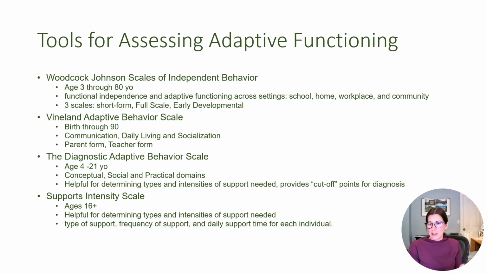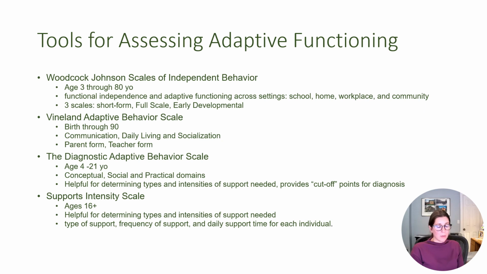So obviously when you have really young kids, an early developmental scale is more appropriate to use than if you have a 65-year-old. The full scale is oftentimes really useful when you're very first working with a client, to establish a baseline and to get a history. But then for ongoing progress monitoring or updates on how their functioning is developing or not developing, the short form can be really useful for the purpose of progress monitoring.